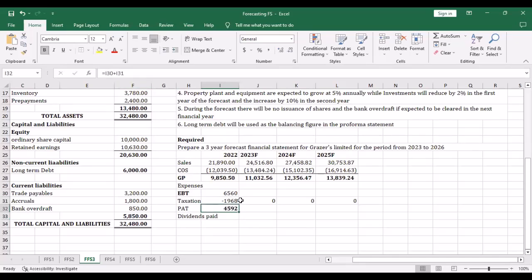Then the dividends paid will be 10%, so I'll put it as an expense: 0.1 we multiply by this one, 10% of that. Now to retained earnings.